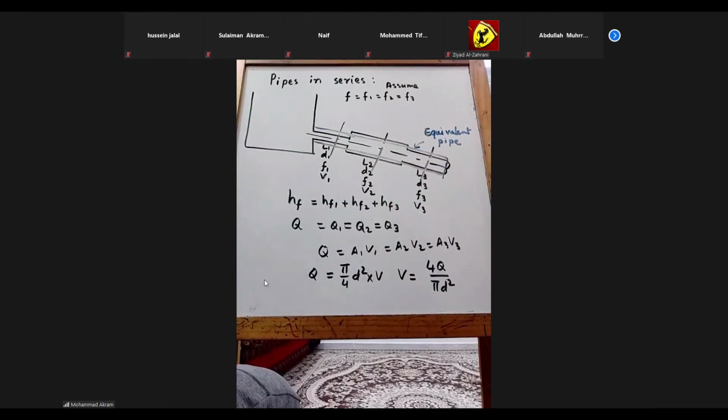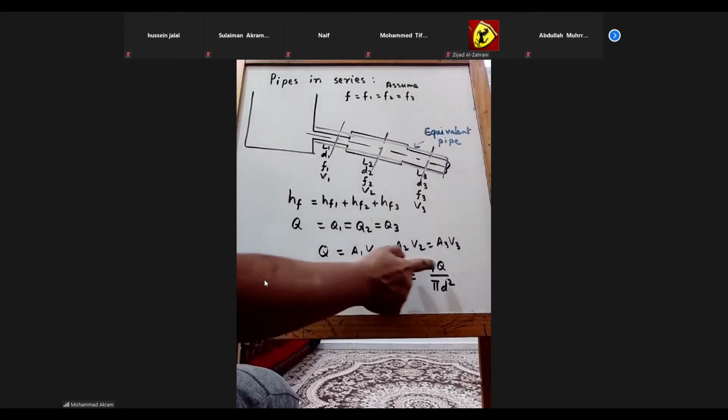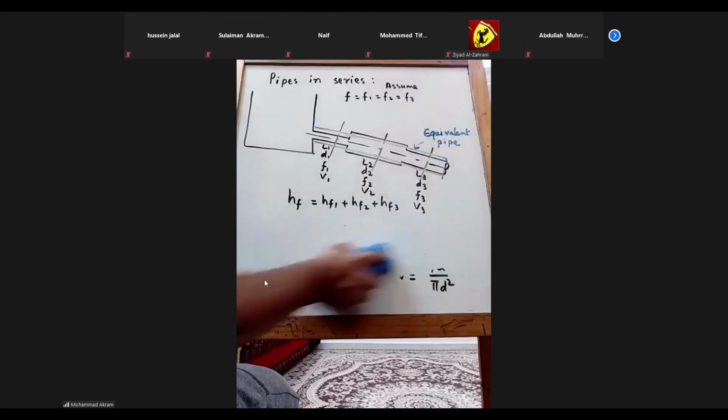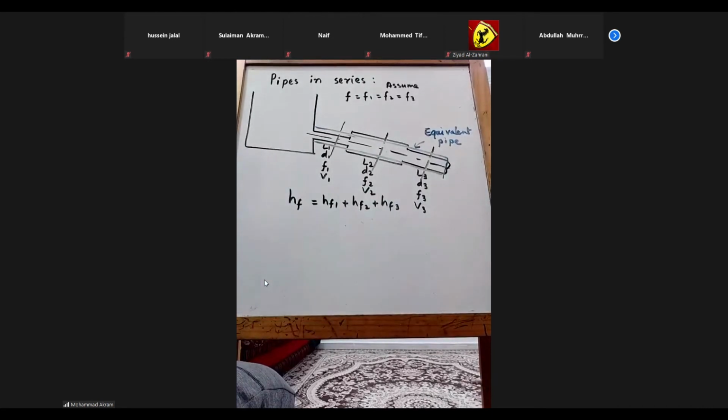Then remember V is equal to 4Q divided by pi d square. So HF equals HF1 plus HF2 plus HF3.